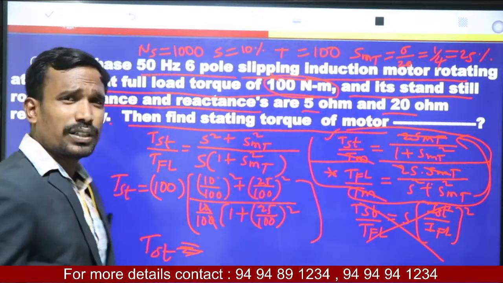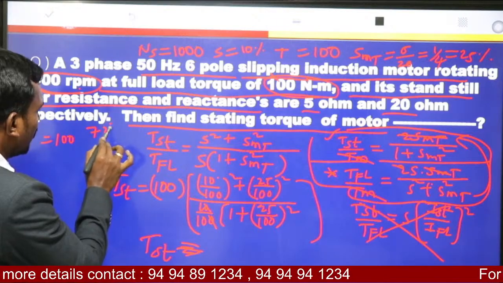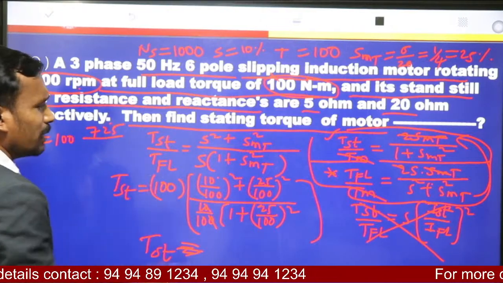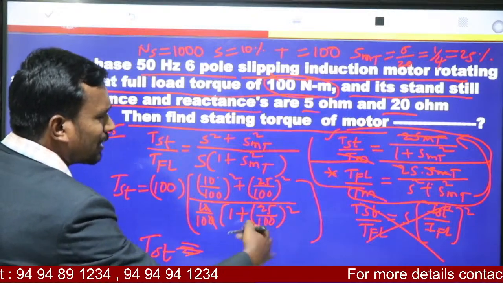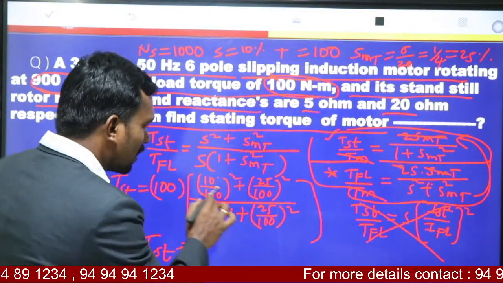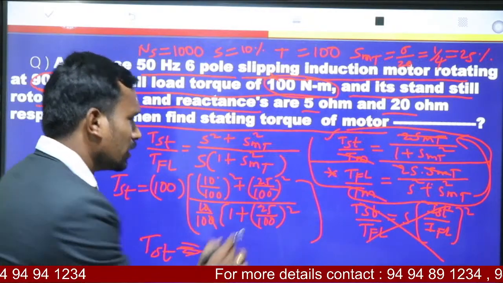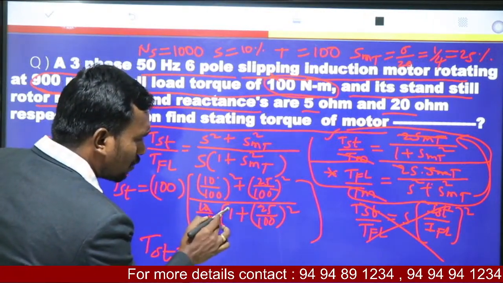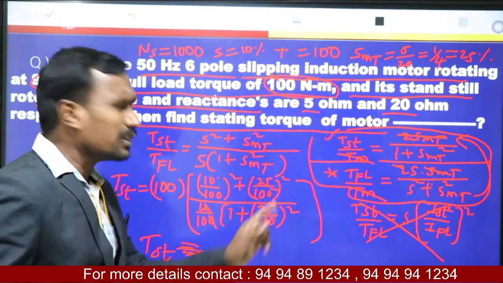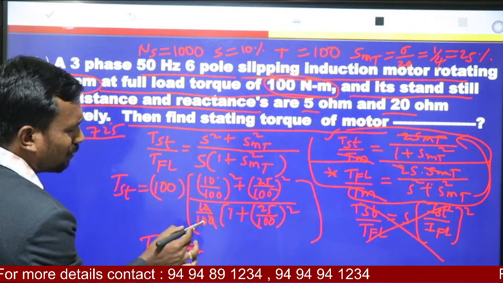So 100 plus 625, which is 725, by, of course, 10,000. This 10,000 gets cancelled out because 100 square is common for the LCM. So 10,000 plus 625 is 10,625. Of course, here 10 is there.